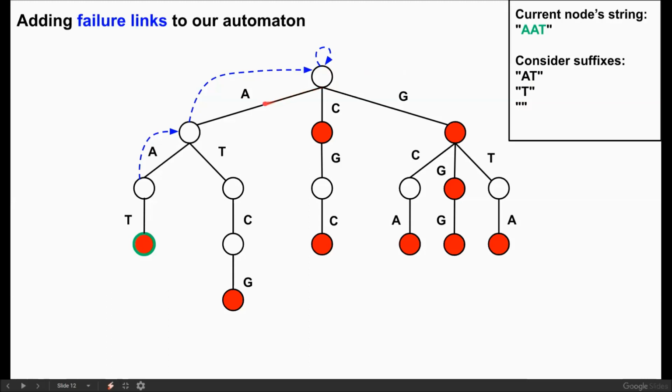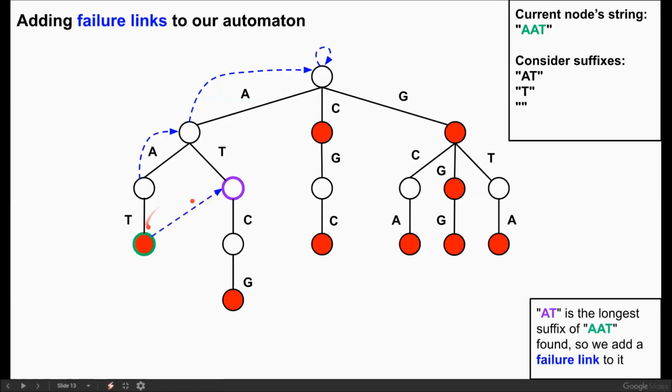And it does, so we follow it, and now we're here. Now we want to know if this node has a child T, and it does. So we get to here, and we've successfully found that AT is a string in our automaton, so we've found the longest suffix of AAT that exists in the automaton, and we draw a failure link going from it to here.